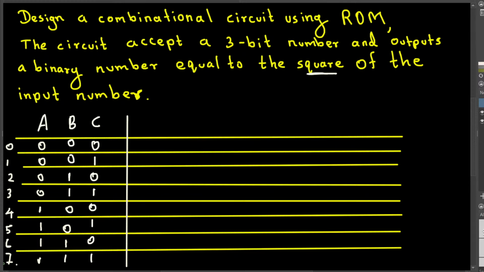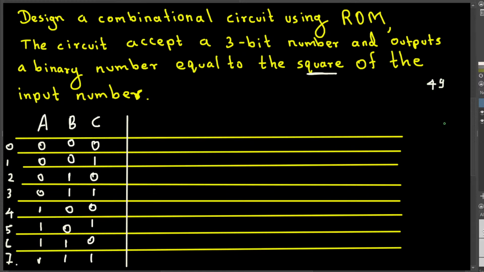If you look at it in decimal, 2 squared is 4, 3 squared is 9, 4 squared is 16, 5 squared is 25, 6 squared is 36, and 7 squared is 49. 7 is the last number, and 7 squared is going to be the biggest number. So the biggest number is 49.